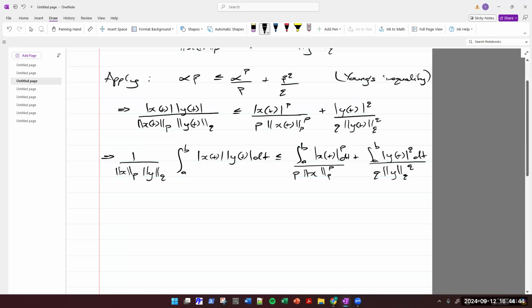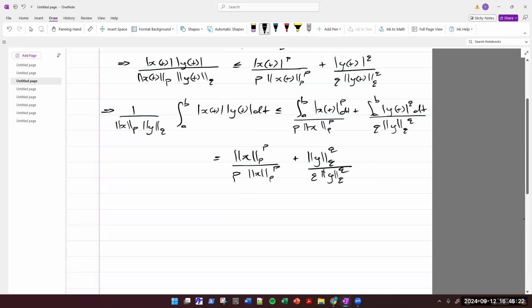So this thing is equal. So in the numerator, that's the p norm of x to the power of p, divided by p by this number. Right, and of course, those terms will cancel. Plus, this one, well, that's just the q norm of y to the power of q, divided by q norm of y to the power of q.